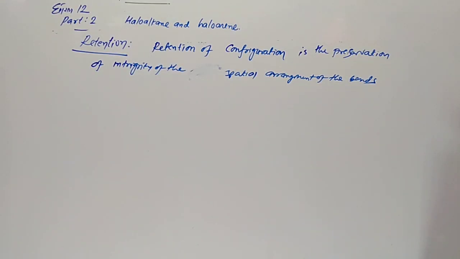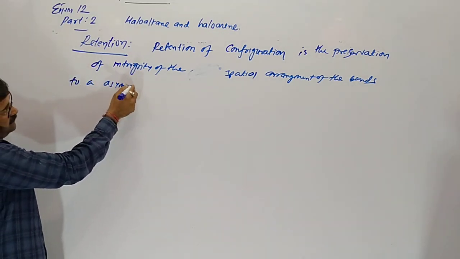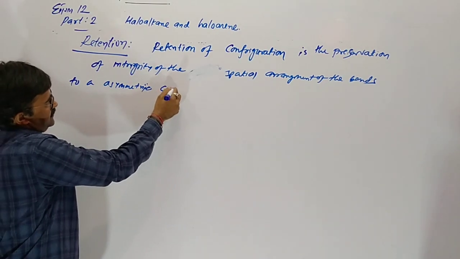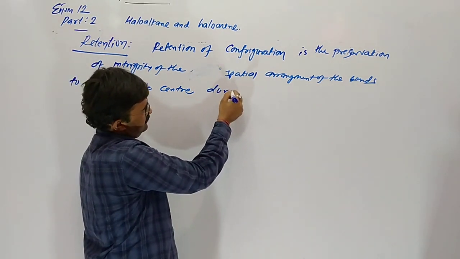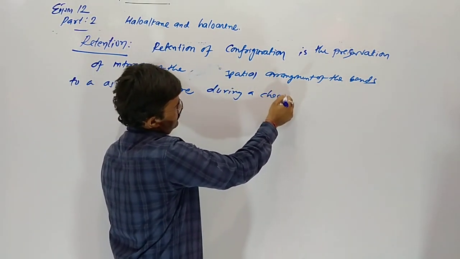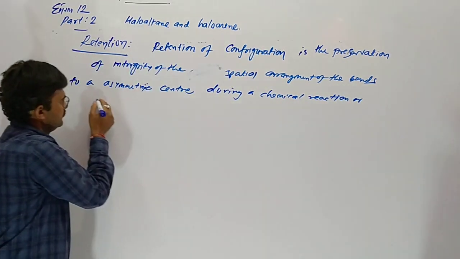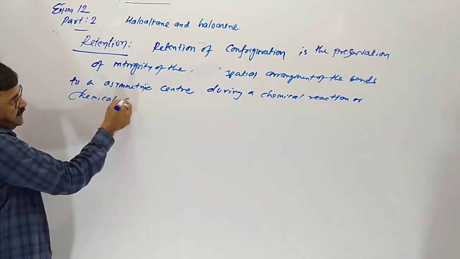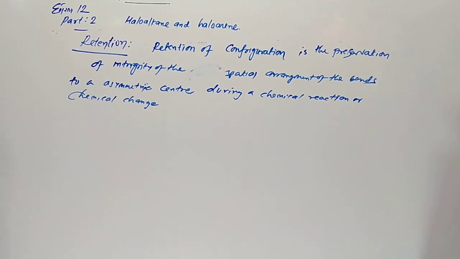The arrangement remains the same at an asymmetric center. Asymmetric center means chiral carbon. During a chemical reaction or chemical change from reactant to product, the configuration remains the same.